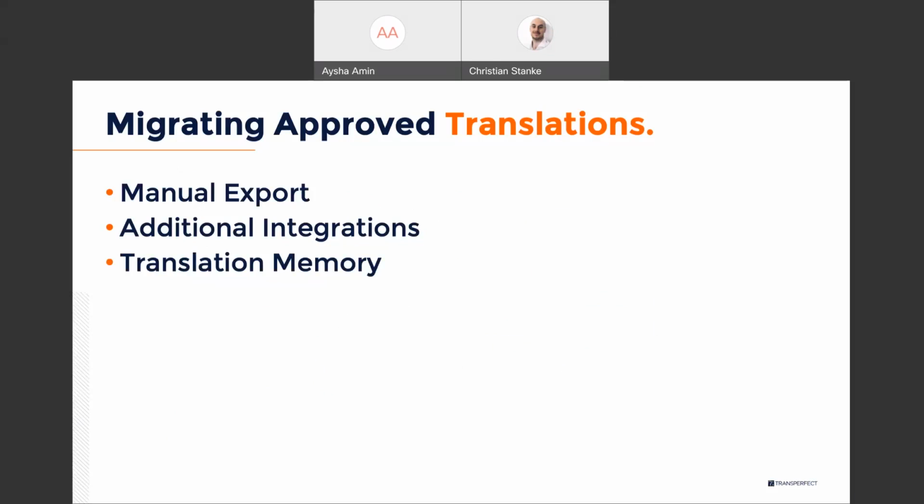Once your review is complete and your translations are approved, you have a couple of options. First, you could migrate the translations by manually exporting the string files. Here at Applanga, we support a wide range of export file types to accomplish this. The development team can then use those files to add the translations to an app or product.